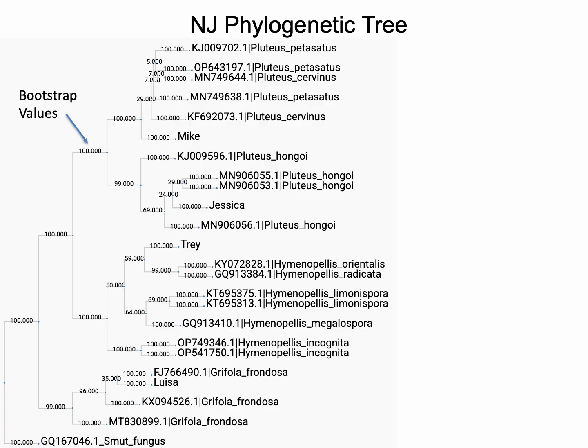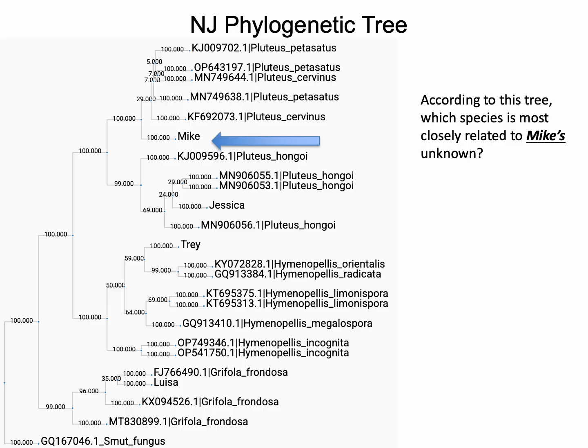For example, a bootstrap value of 95 means that 95% of the resampled trees contained that specific branch in that specific location, indicating a high level of confidence in that branch's existence in the quote-unquote true tree, if such a thing exists. A common rule of thumb is that values above 70 or 80% in bootstrap are generally considered well supported, though this can vary depending on the specific study and data set that you're looking at.